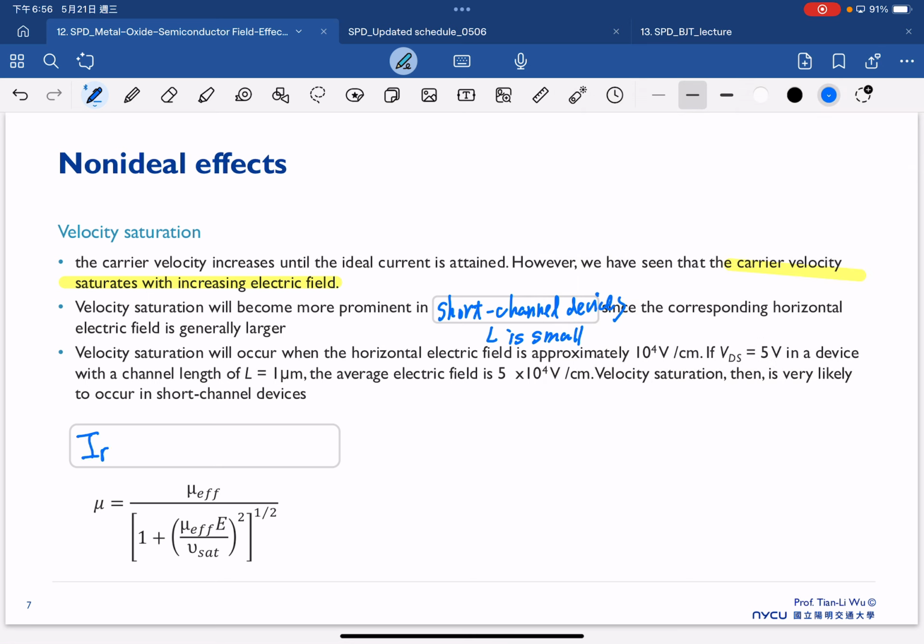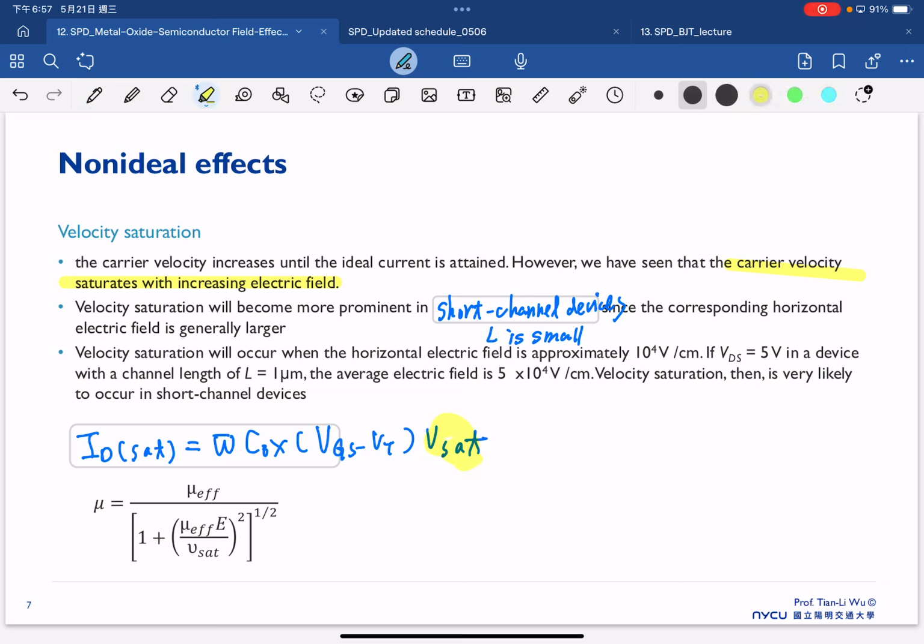And once the condition of velocity saturation is reached, we have to reconsider our current equation, where ID sat, the saturation current, is equal to W times Cox times (VGS minus VT) times V sat. So once the device is operating in the velocity saturation region, it's crucial to know that the current is independent of channel length, and highly dependent on velocity saturation.